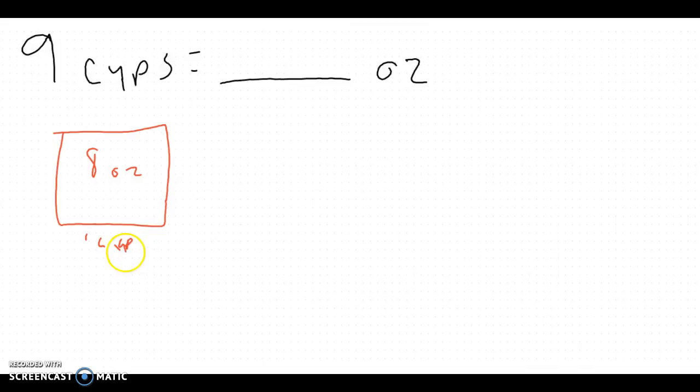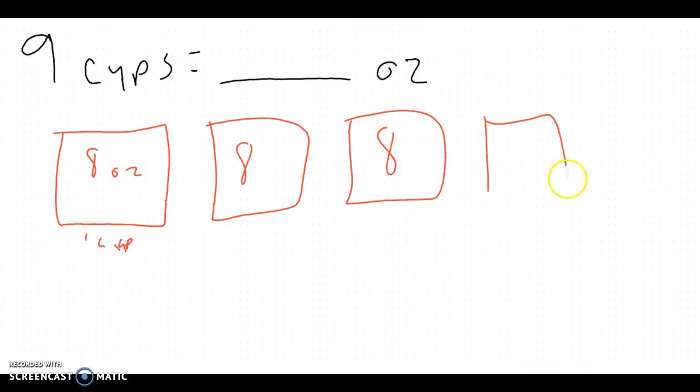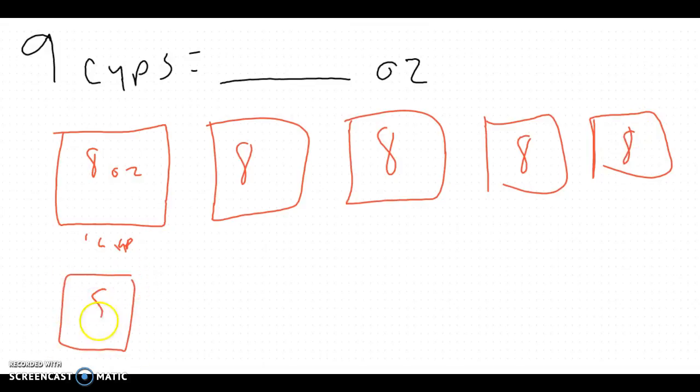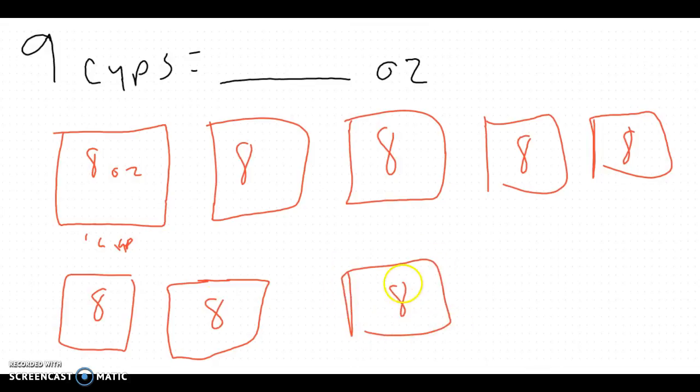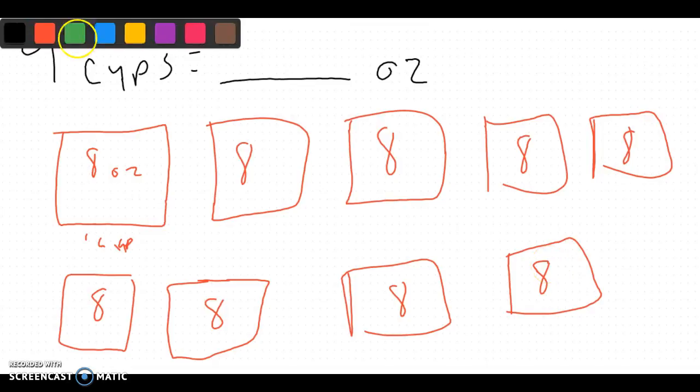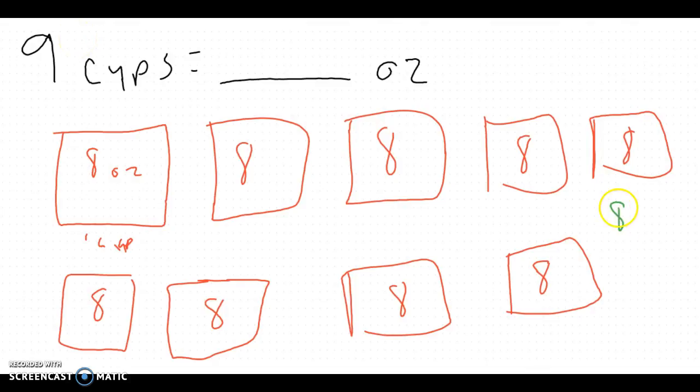And we have 9 cups. So we would have 8 ounces 9 times. And to find out the total number of ounces, we would multiply 8 times 9, which is 72. So 9 cups is 72 ounces.